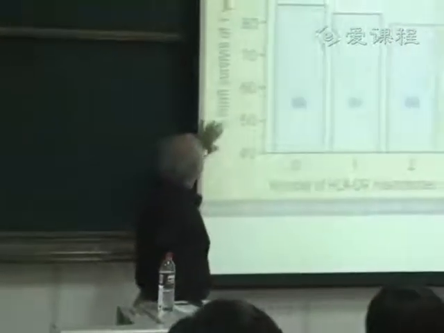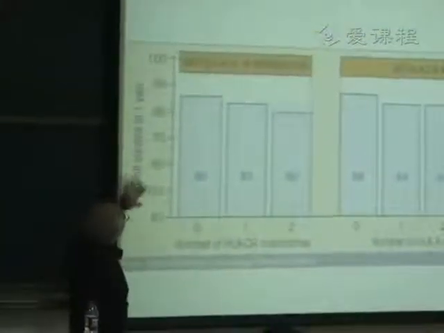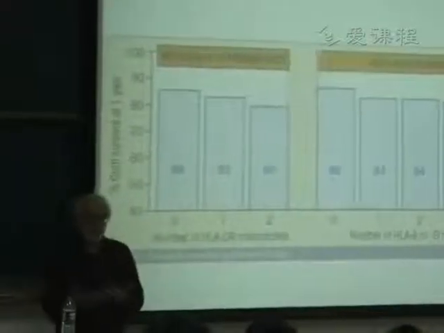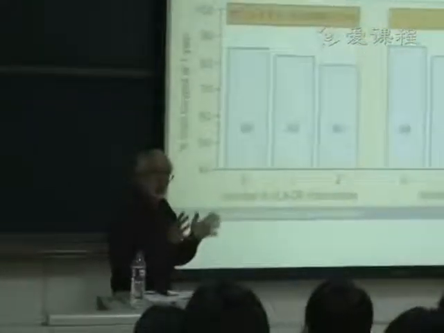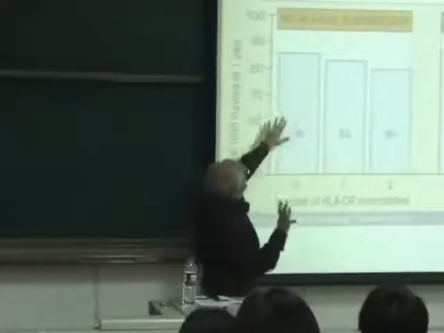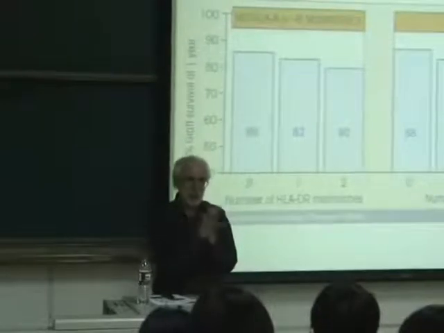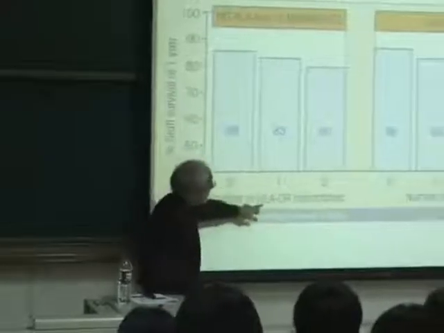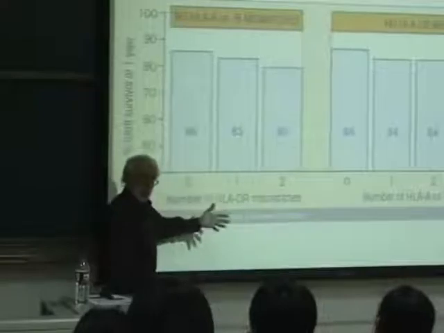So this is looking at graft survival after 1 year, this column. And if you take a situation where there are no mismatches for HLA A and B, okay? So HLA A is identical between the 2 individuals, HLA B is identical between the 2 individuals. If there are mismatches at HLA-DR, the class 2, what is the consequence of that?